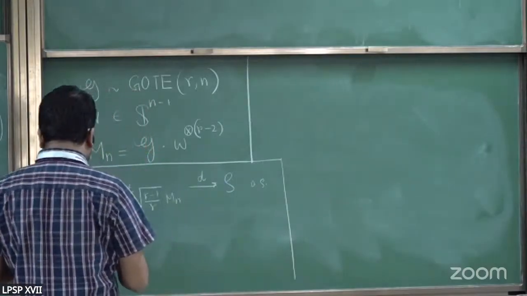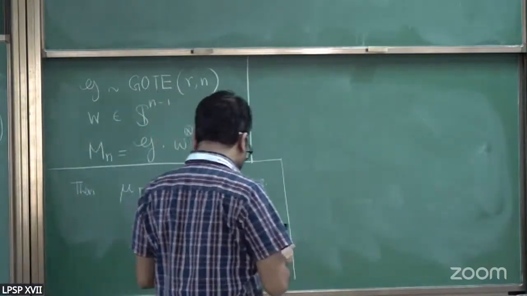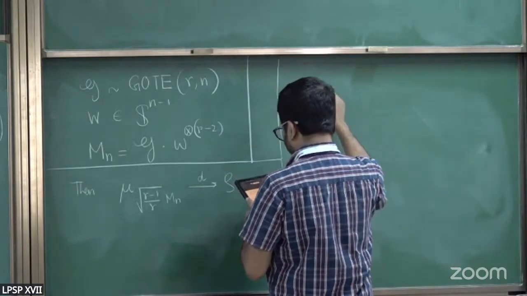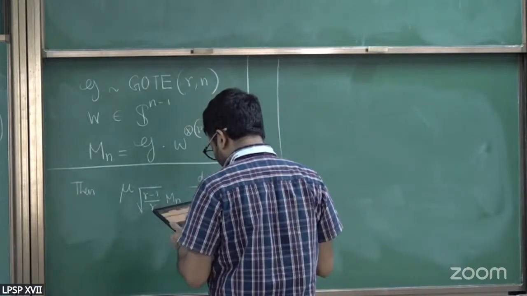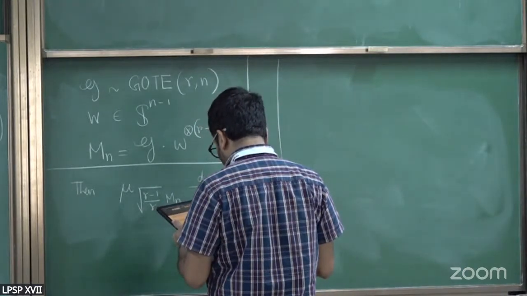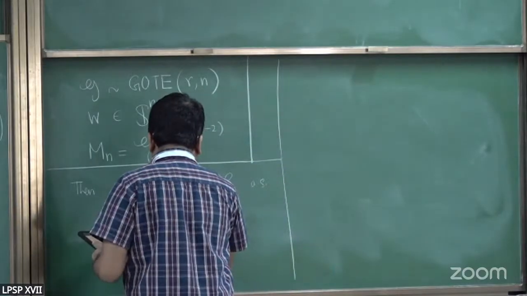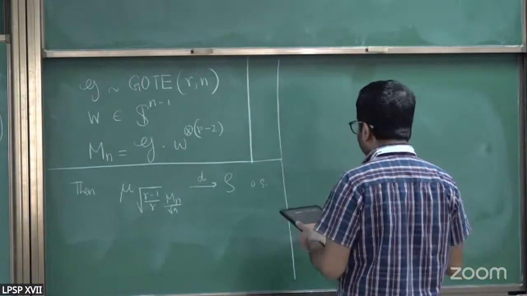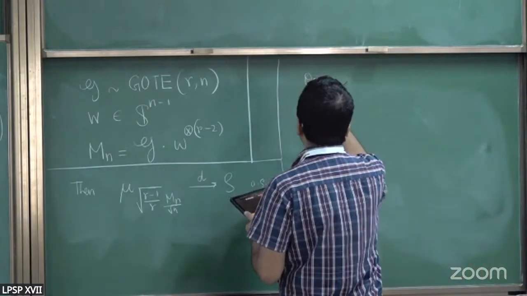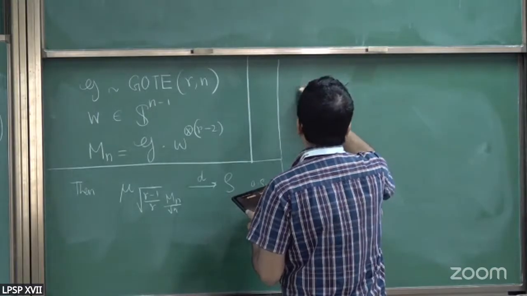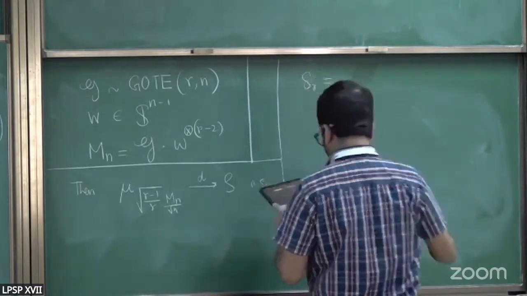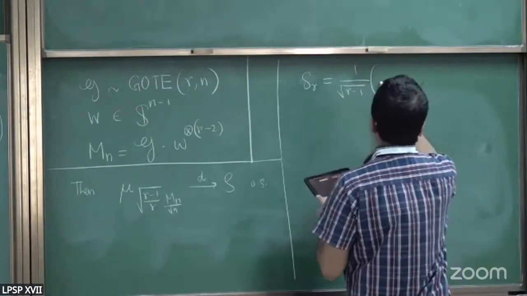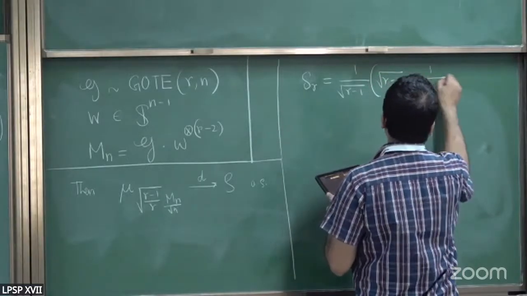And again, you see this phase transition. So the edge eigenvalues: am I missing an N here? I think I'm missing an N here, square root of N. And define delta_R to be 1 over square root of R minus 1, square root of R minus 2, plus 1 over square root of R minus 2.